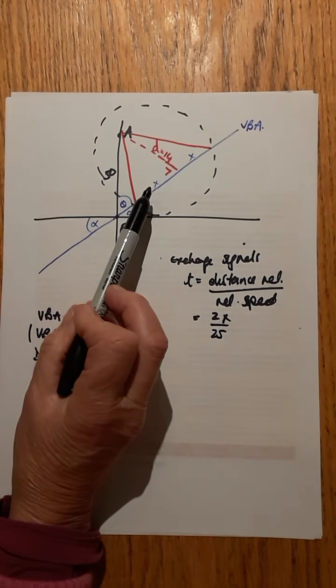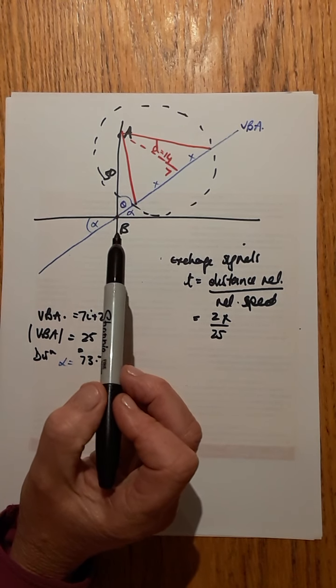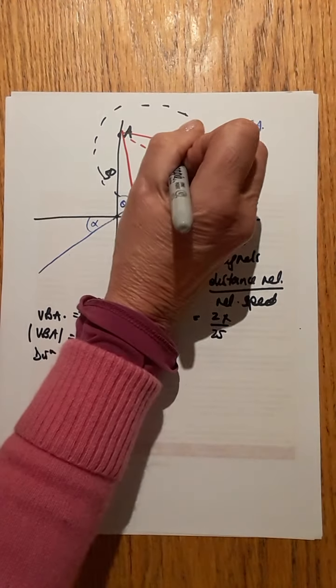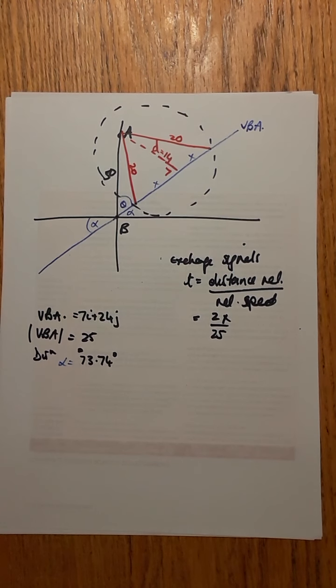So your first job is to get x. In order to get x, remember your red lines are 20. So you'll use Pythagoras to get x.